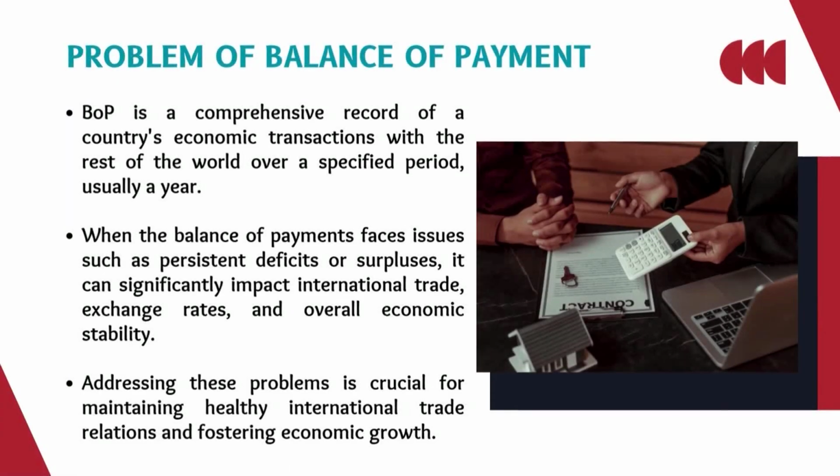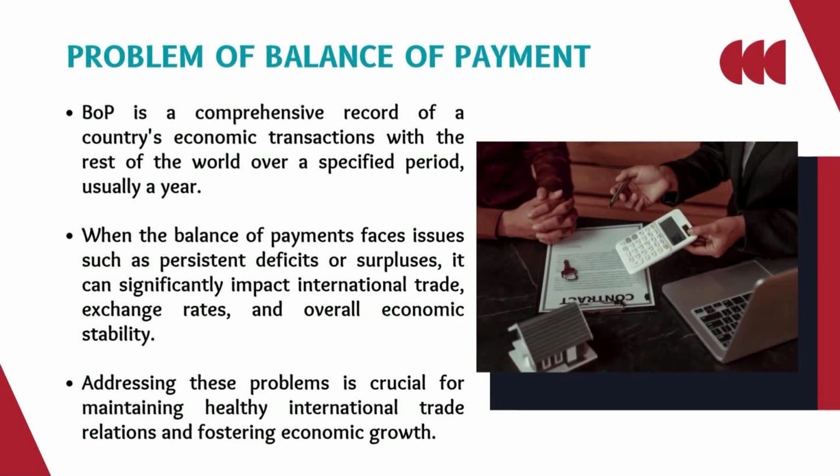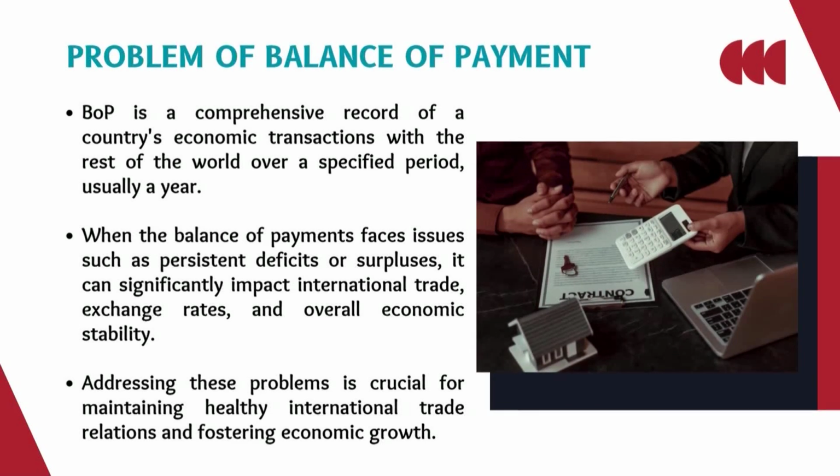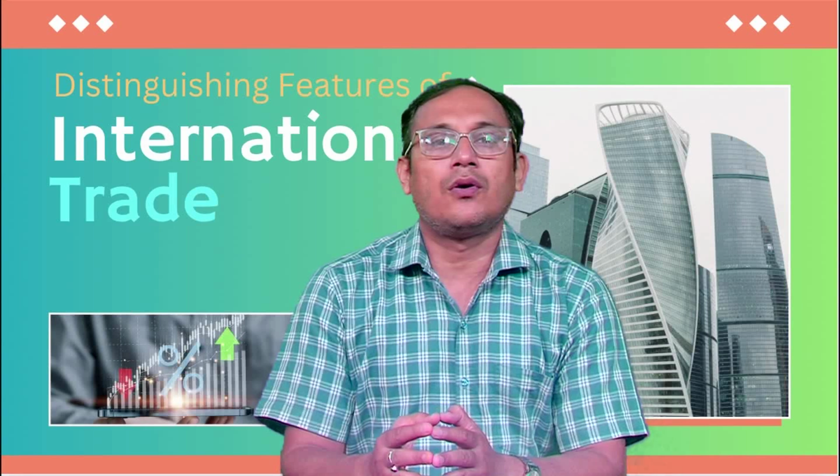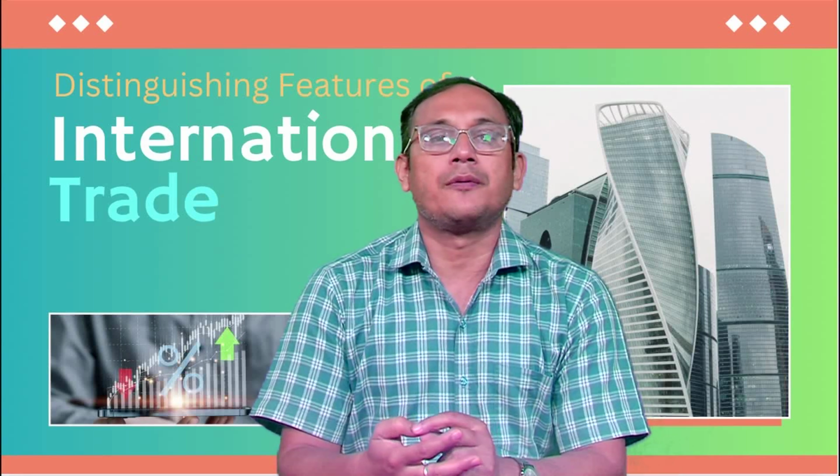Now, after discussing the issue of transport and insurance, we will discuss the problem of balance of payment in reference to international trade. Balance of payment is a comprehensive record of a country's economic transactions with the rest of the world over a specified period, usually a year. It includes all trade in goods and services, financial transfers, and investment between the residents of the country and the global economy.